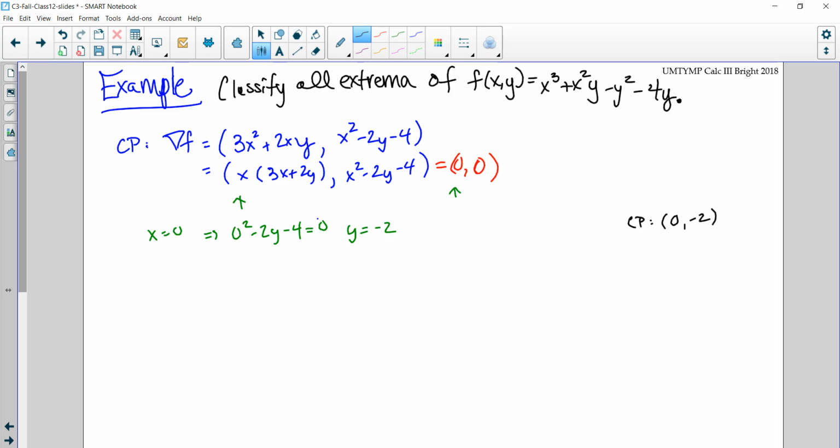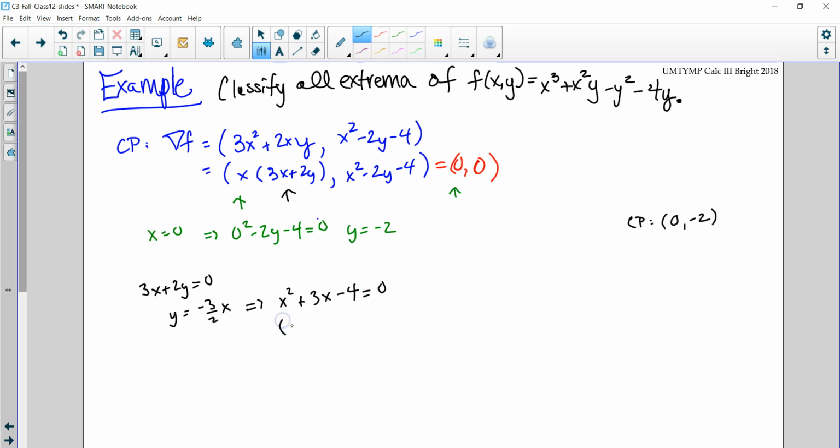Alright, and then in the second case, well, that's where I have to say, well, this other thing could be 0, so let's say 3x plus 2y is equal to 0, and if I solve for y, I believe I get minus 3 halves x. Okay, and then plugging that into the second component, I have x squared minus, and then after I do the math there, I believe I just get plus 3x minus 4 is equal to 0.